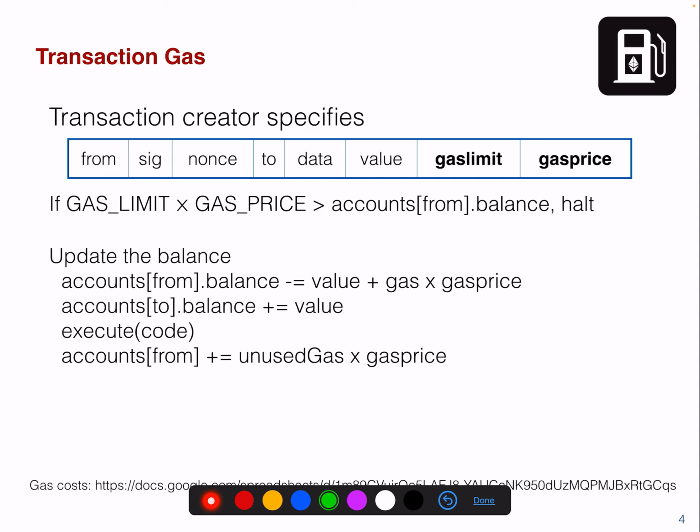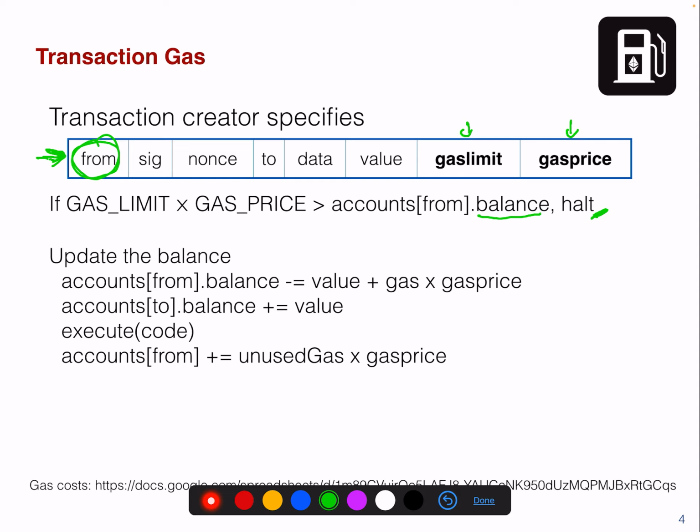As you know, the transaction format looks like this here, and we have two fields which are quite important: the gas limit and the gas price. If the gas limit times the gas price is bigger than the balance of your account, the from address, then the execution is halted.